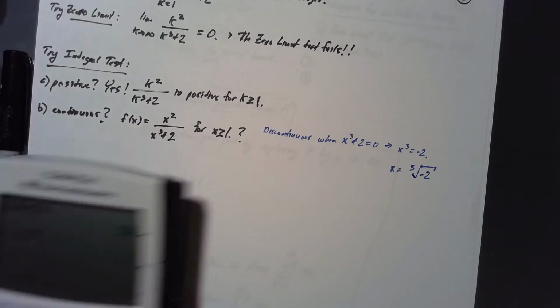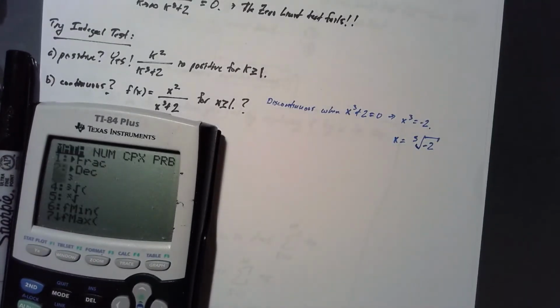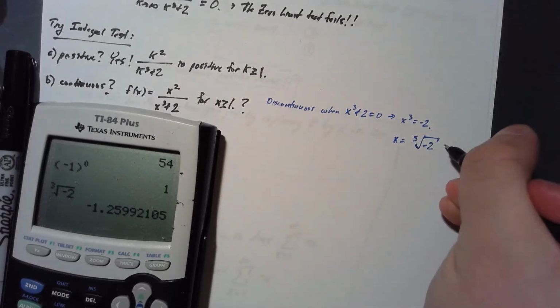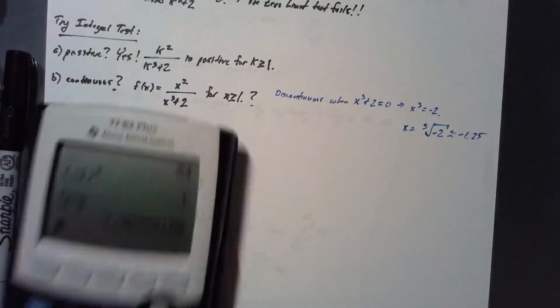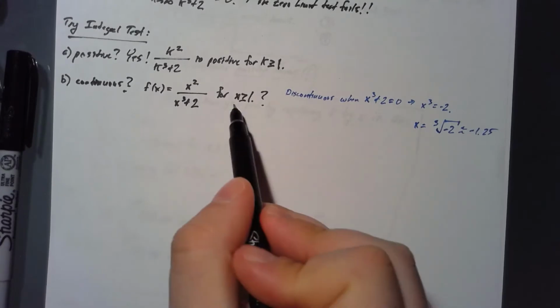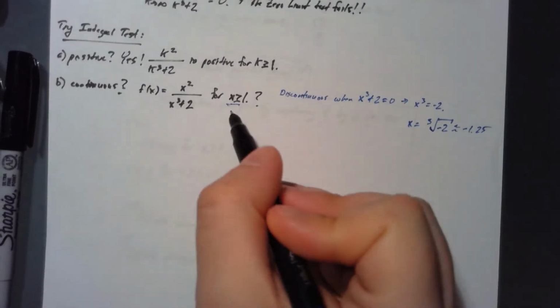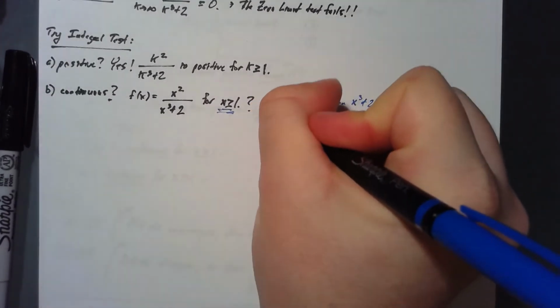If you use your calculator, that is negative 1.25. So this is a negative number, and I don't care about it because I'm only interested in the values that are greater than 1. So is this going to be discontinuous for these values? No, it isn't. Okay.